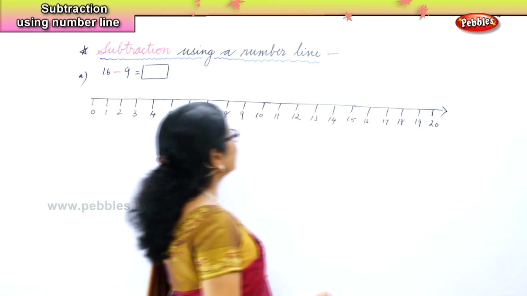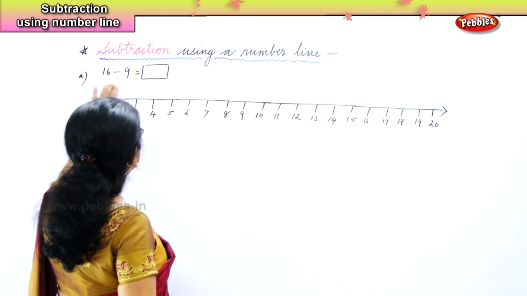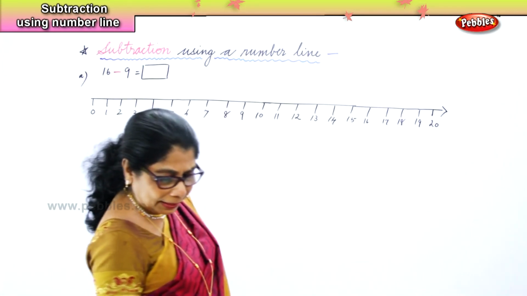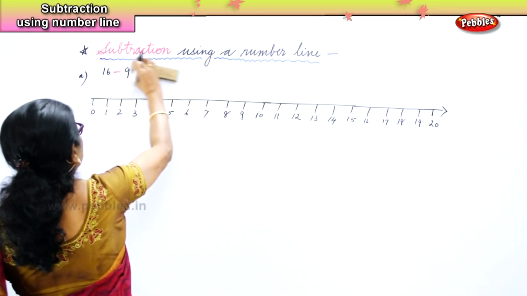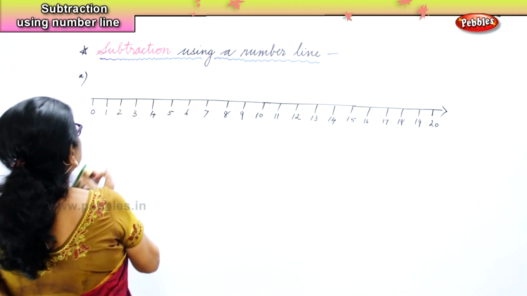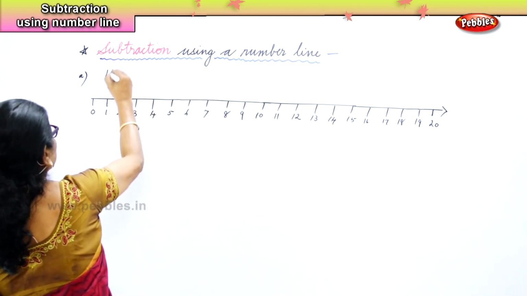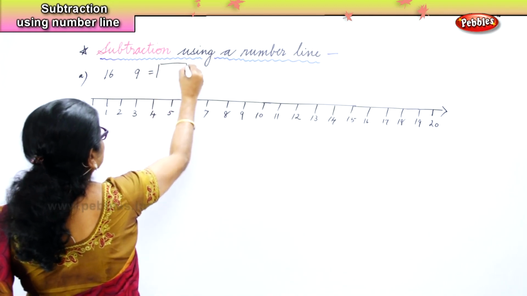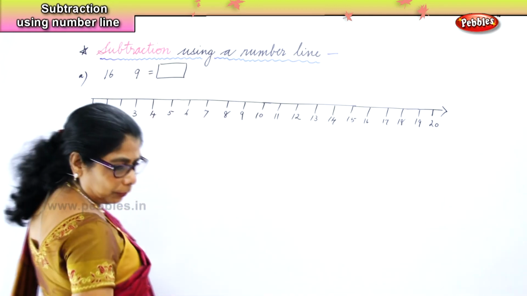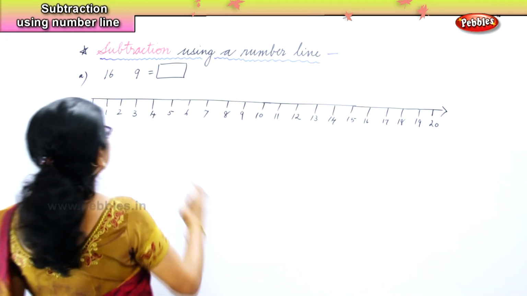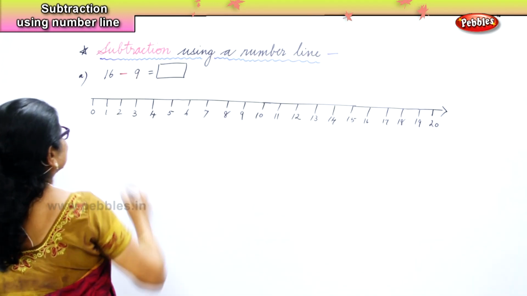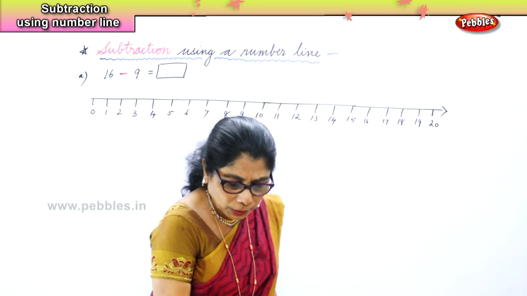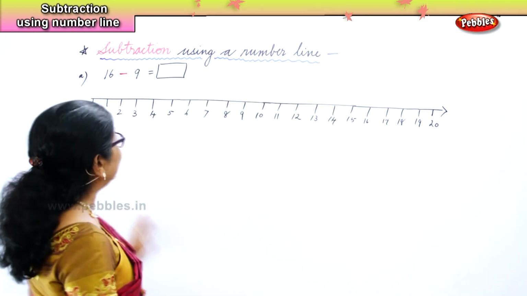Alright? So, the sum is 16 minus 9. What is 16 minus 9? What is the answer? That's what we are going to do. Now, what did we learn in number line?